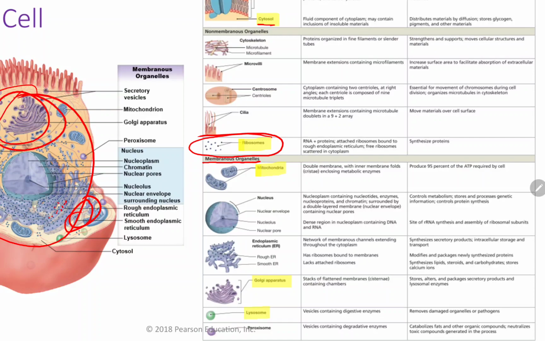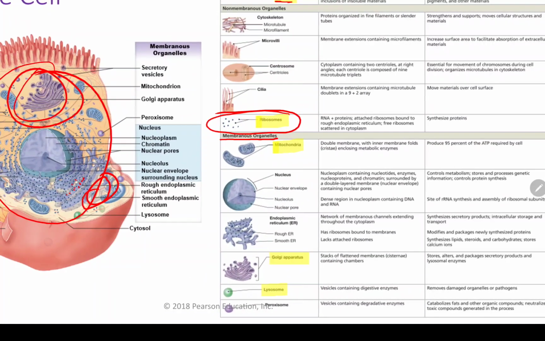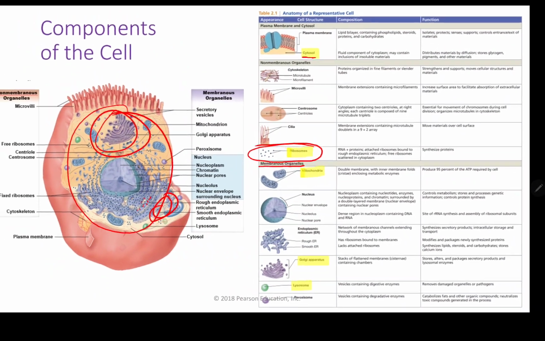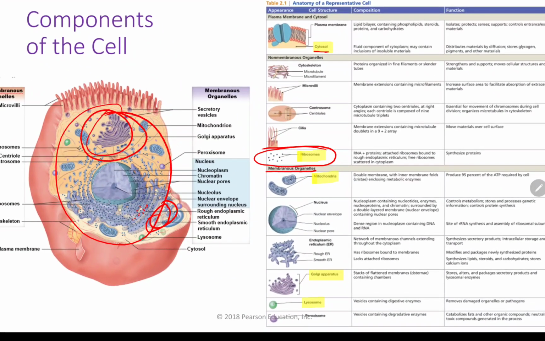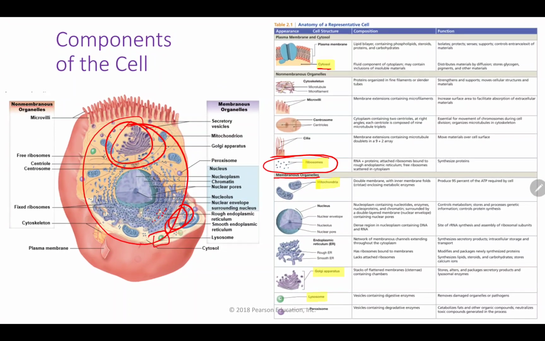That helps to store, alter, and package these proteins, right? We also have lysosomes, right? Now these lysosomes, right, as you can see right here, like this little green one, right? These lysosomes are just vesicles that contain digestive enzymes, and they remove damaged organelles or pathogens that enter the cell. Okay, so remember these different organelles, right?